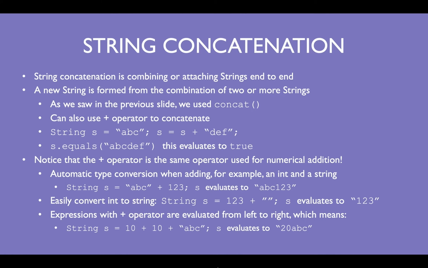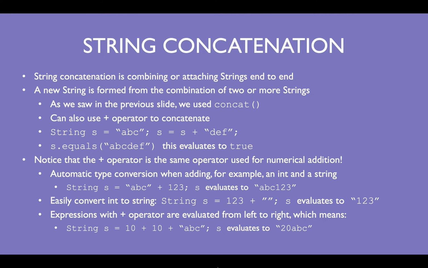But then it sees that we're trying to concatenate the string ABC, and then it converts 20 to a string and concatenates both of those two. And then this string s now evaluates to 20ABC. So just keep that in mind whenever you're doing some crazy stuff like this. It may not come up too often, but just keep that in mind.